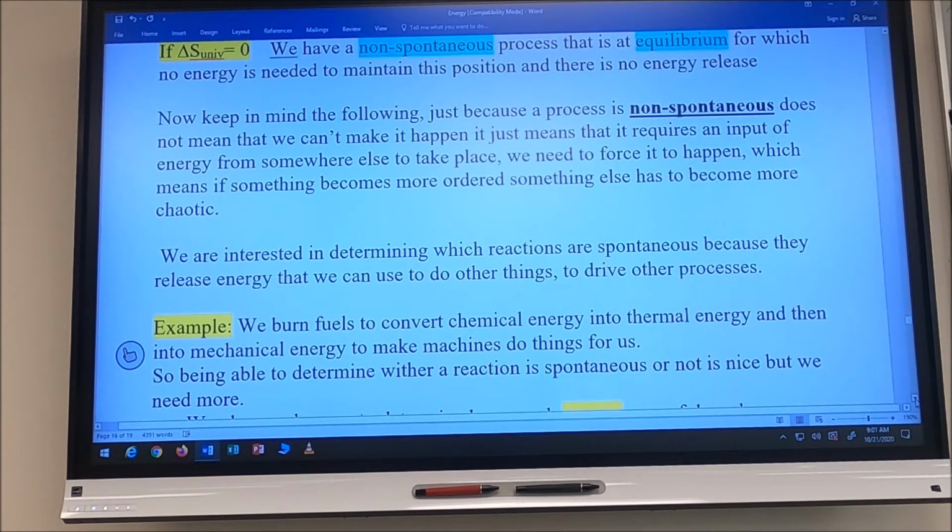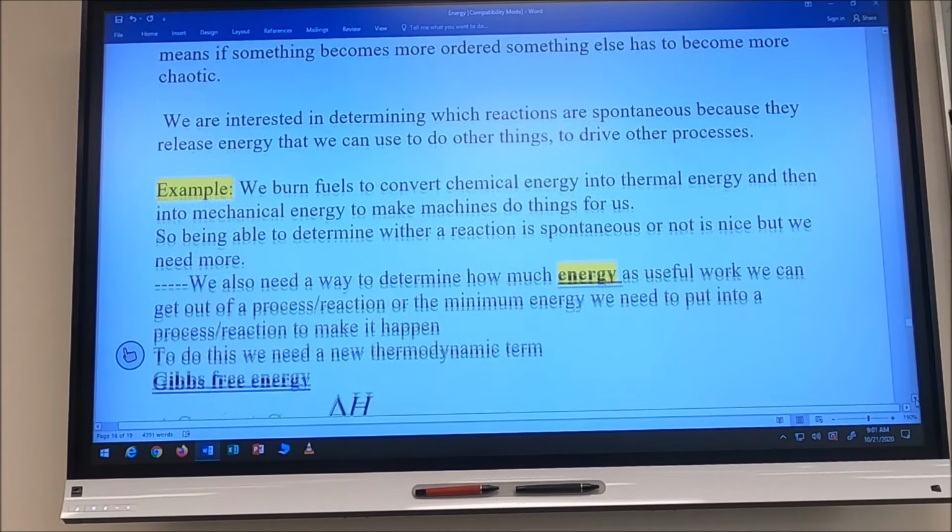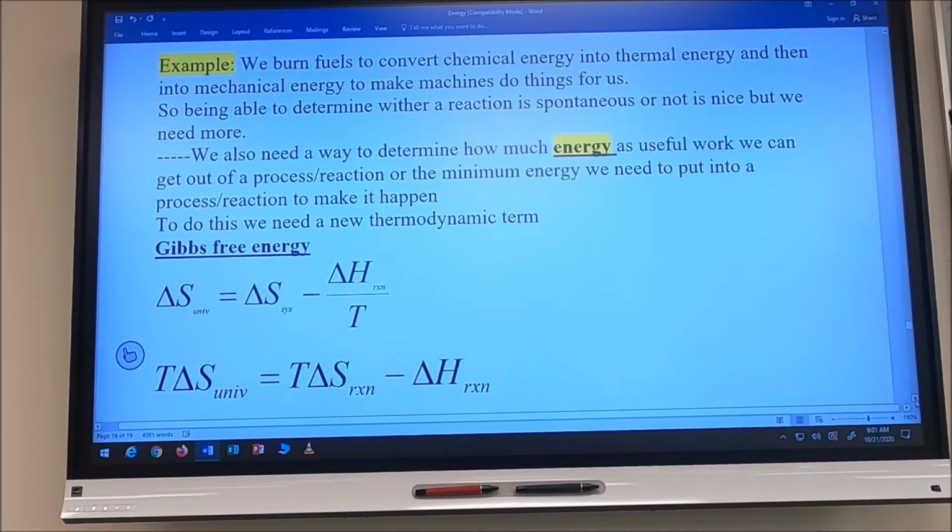We're interested in determining which reactions are spontaneous because they release energy and we can use that energy to do things to drive other processes.